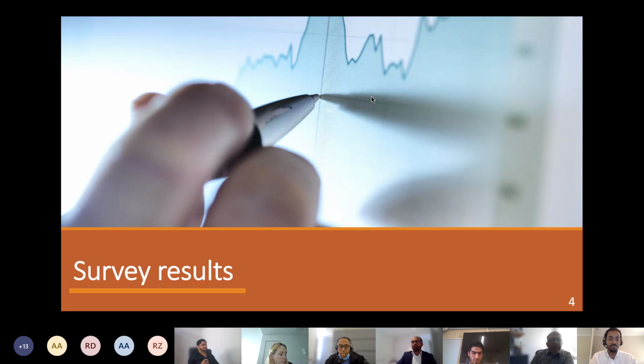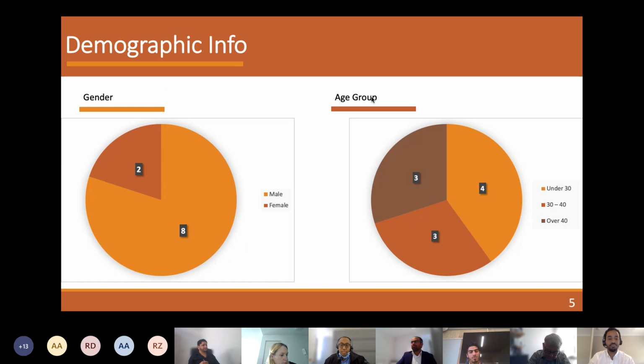Thank you, Abdul, and thanks again for having us, everyone. In this section, we're going to break down the results of our survey, and we're going to start with the demographic information. From this slide, we can see that we have two major factors in our survey, which are gender and age group. In the gender, we have 2 females and 8 males.